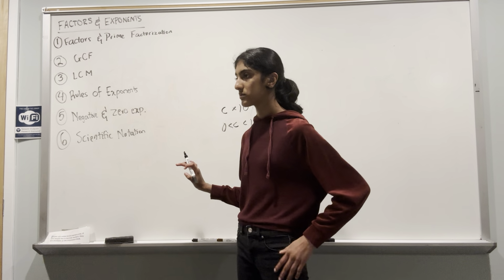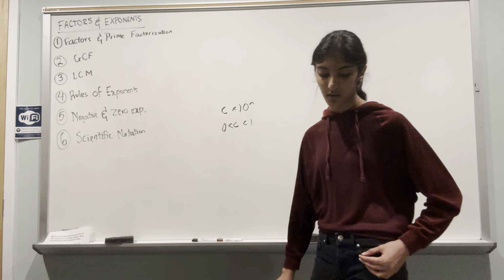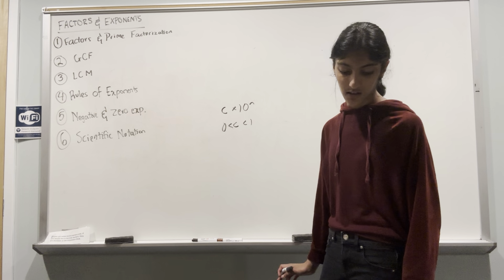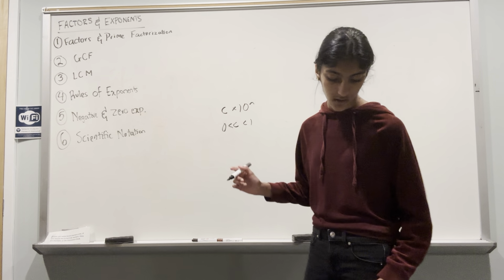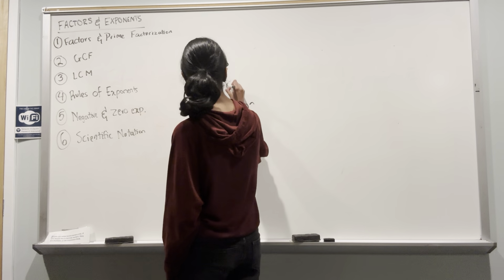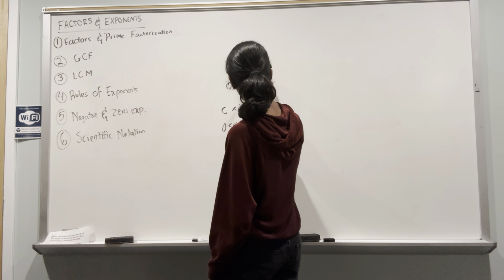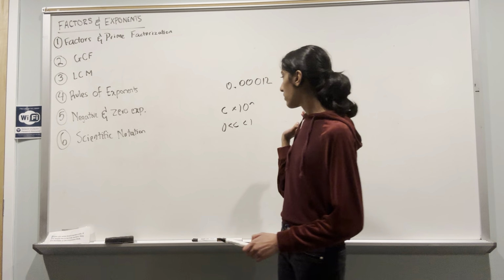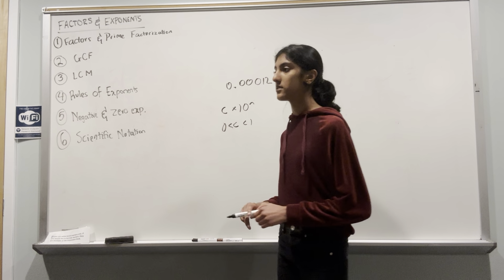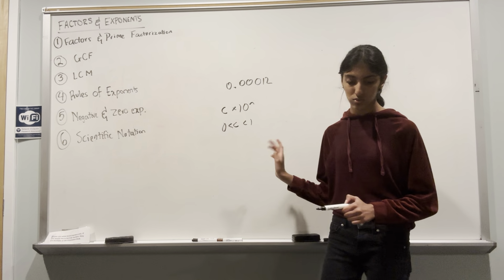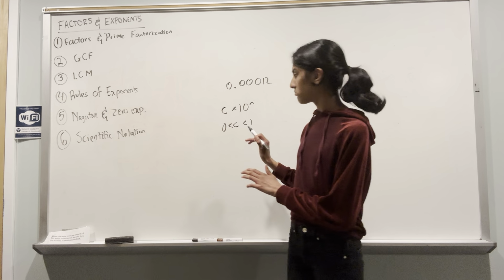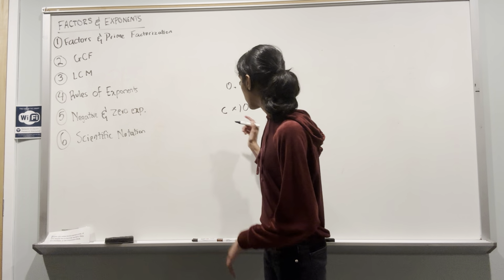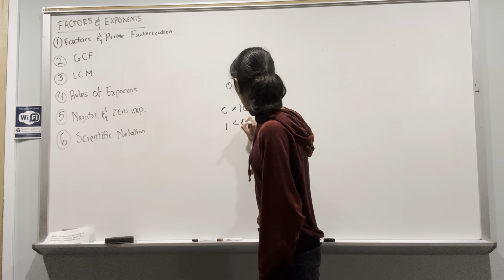So to write in scientific notation, we'll take one of the numbers that were mentioned in the problem that we looked at. So it was 0.00012. And so my C needs to be something that is between 1 and 10.